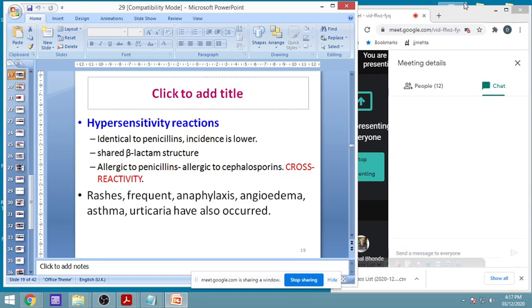We call it cross hypersensitivity or cross reactivity, because they share the same beta-lactam structure, and therefore the adverse effects, particularly hypersensitivity, will be the same. The signs and symptoms we have already seen: rashes, anaphylaxis, angioedema, asthma, urticaria. This can occur.